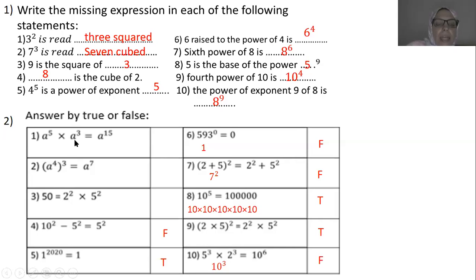Here we have multiplication of the same base. What does the rule say? We keep the base and we do not multiply the exponents as they did to get 15. In this rule, we add exponents. So it should be a to the power 5 plus 3, which is a to the power 8. Then this answer, of course, is false.